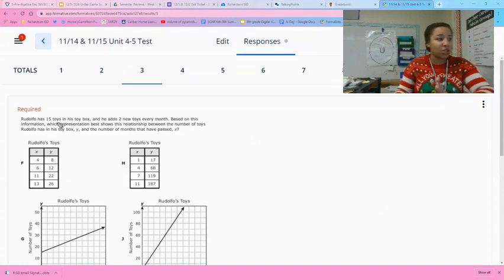So we need to first write the equation. We know that Rudolph has 15 toys, okay? And then he's adding 2 toys every month. So plus 2, and when we see this word every, we're going to put X equals Y.